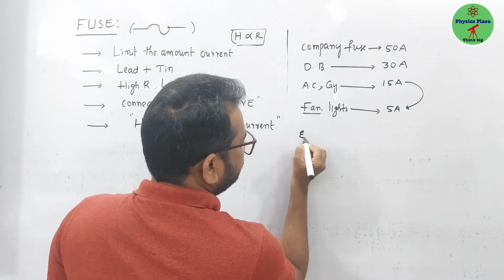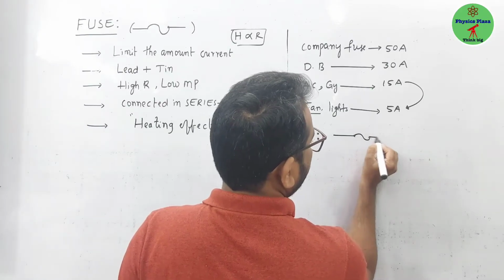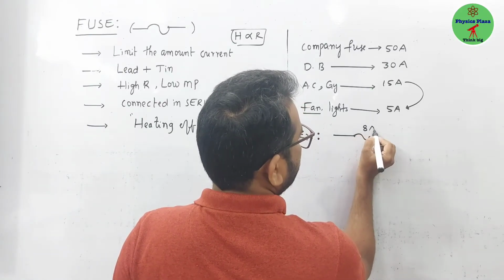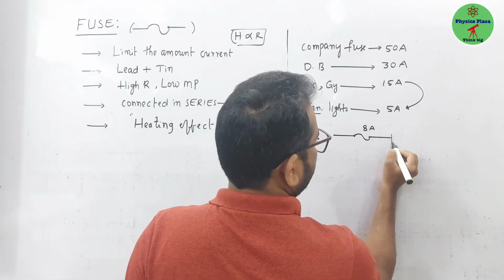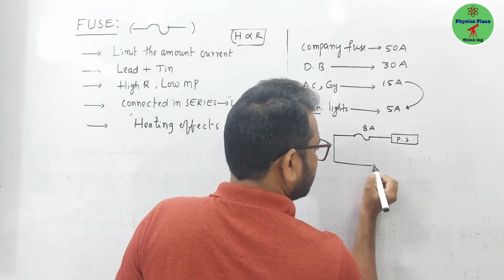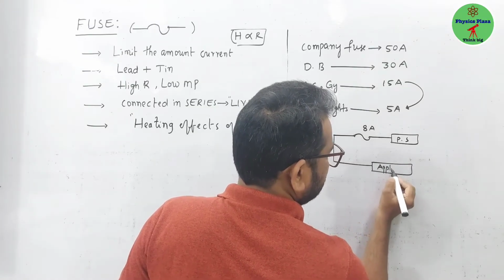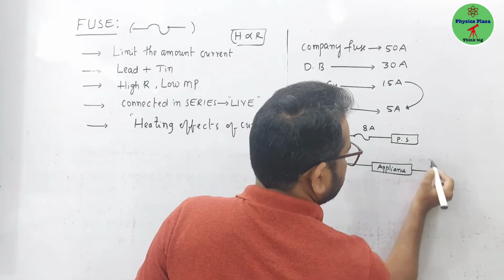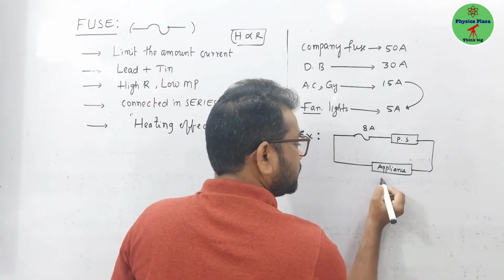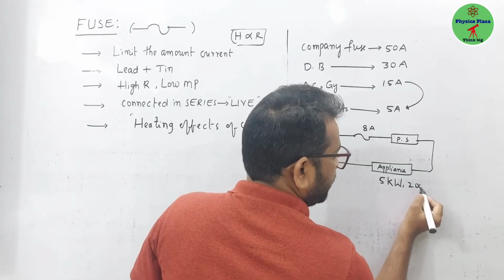For example, children, look here. One fuse is there, whose current rating is 8 ampere. Here is a power supply, and here is an electric appliance with a power rating of 5 kilowatt and 200 volt.